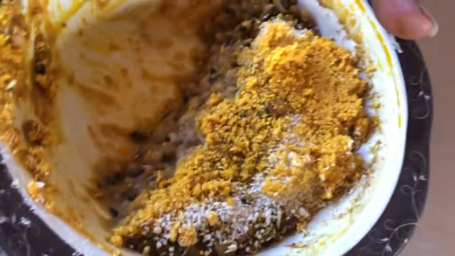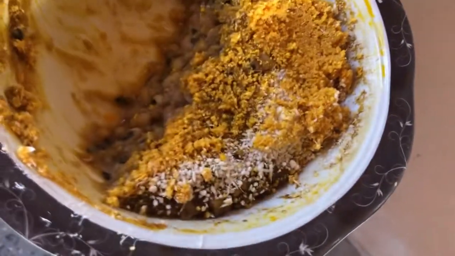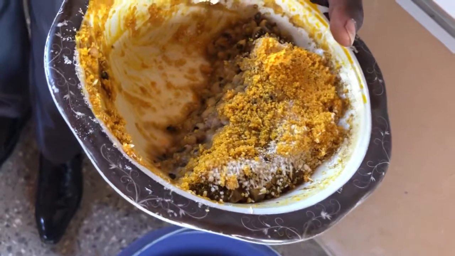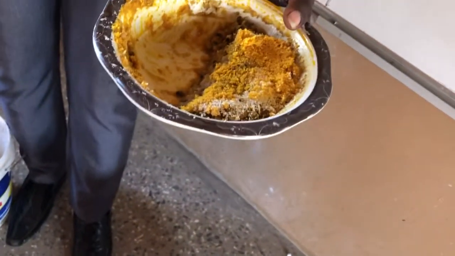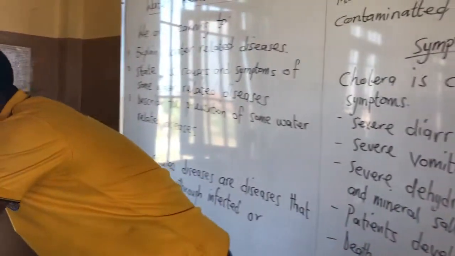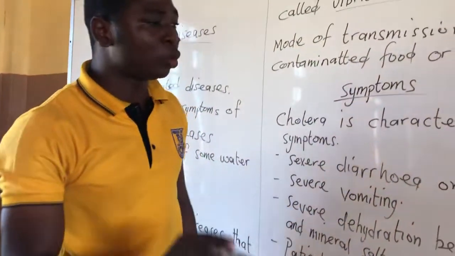I have food and my food is there. I didn't cover it. I left the food anyhow, and then returning, I didn't check anything. I just took my spoon and start eating. What am I going to get? I'm going to get cholera. So we have to make sure that we cover our food properly. We do everything properly so that we will not get a disease called cholera.